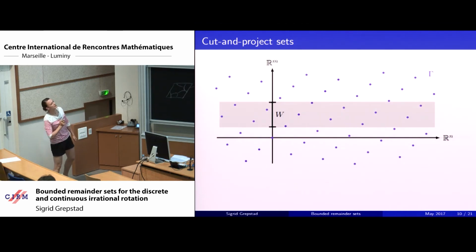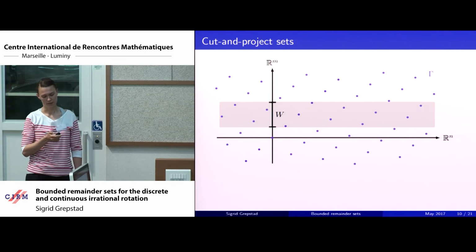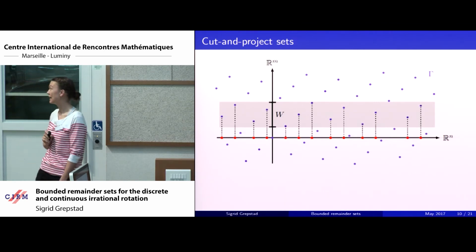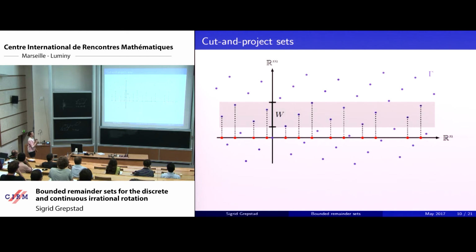You can sort of see the gray strip there. So I'm focusing my attention on these points, and finally I can construct my cut and project set by projecting these points onto Rn. So I get a point set in Rn. All right. So this is now what I will refer to as the Meyer cut and project set.